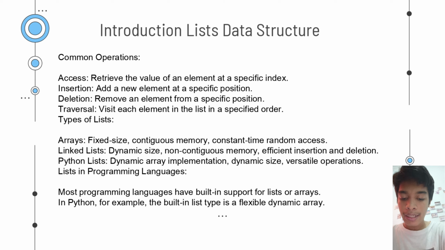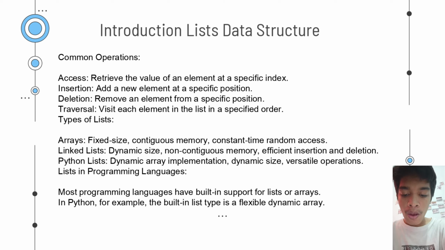Third is deletion: removing an element from a specific position. Fourth, traversal: visiting the elements in a specific order. This is about the operations: access, insertion, deletion, and traversal are the operations of the list data structure.